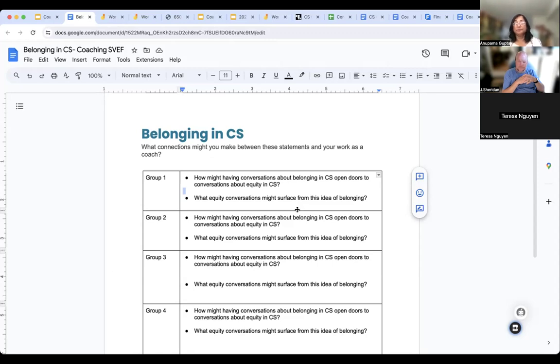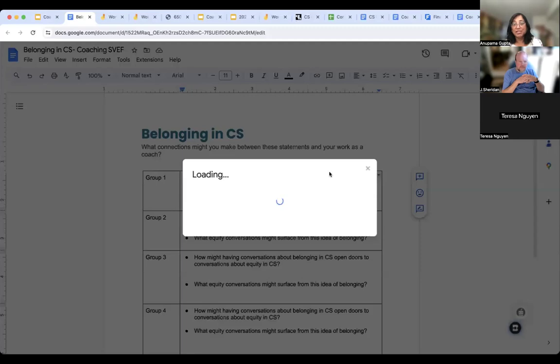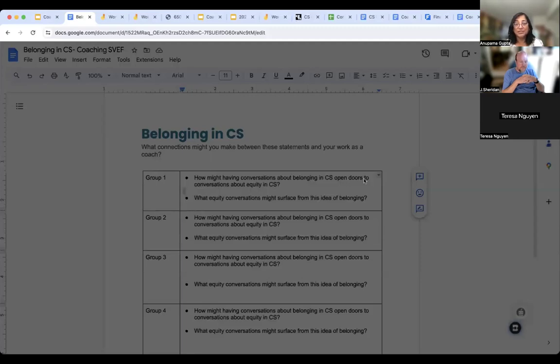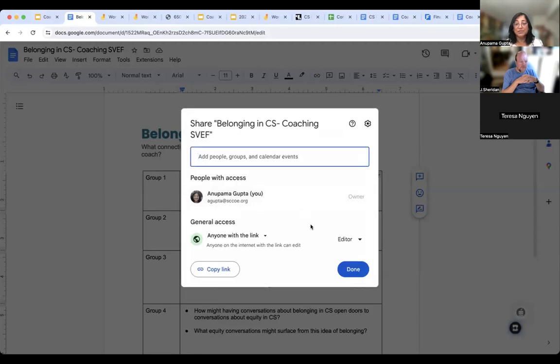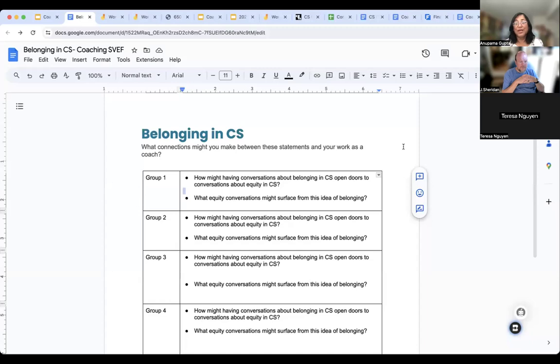Am I able to edit this doc, or am I writing it in the chat? Sorry, you can write in the chat. Let me just double check if I have given you the editing rights. Yes, you do. So you can go ahead and write. Sorry for my miscommunication. But you can go ahead and write in the document. You both can either work together or be on separate boxes. It's up to you.